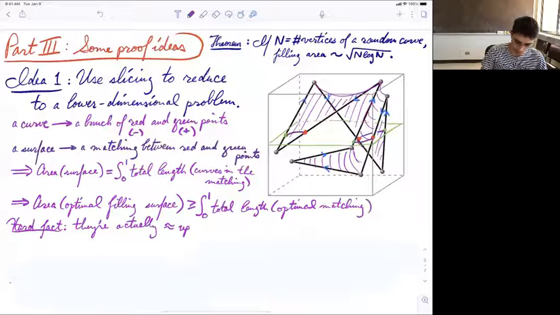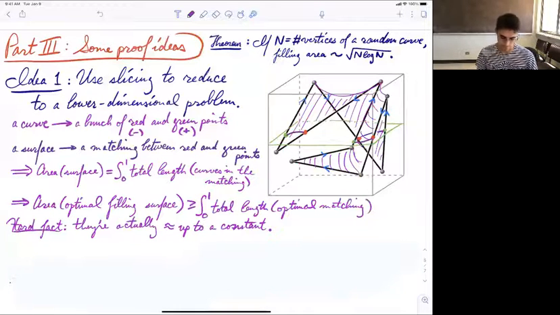They only differ up to a multiplicative constant. The other direction of the inequality you can get if you just put a constant in front of one of the sides.